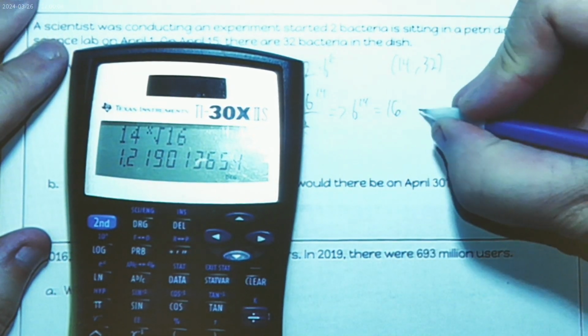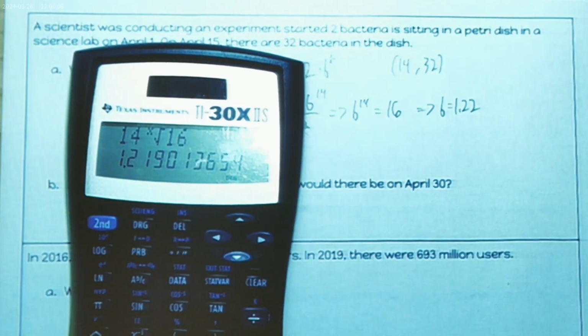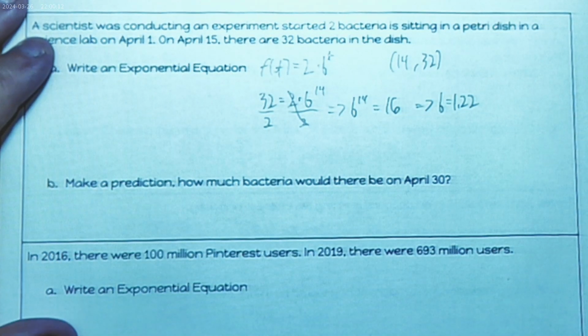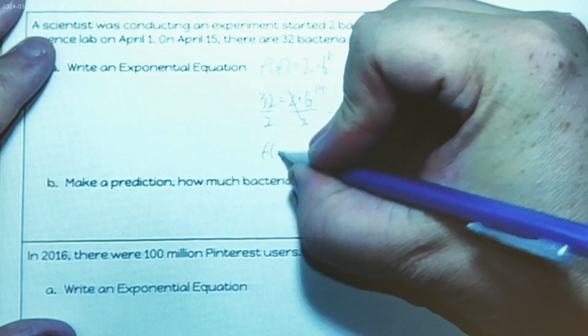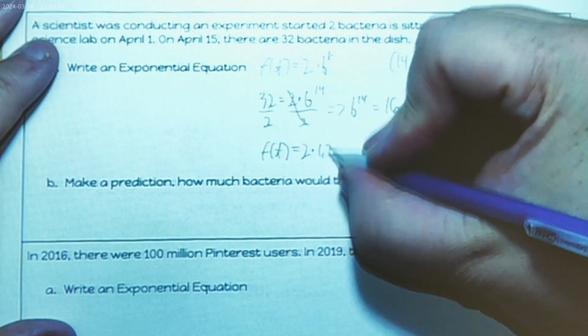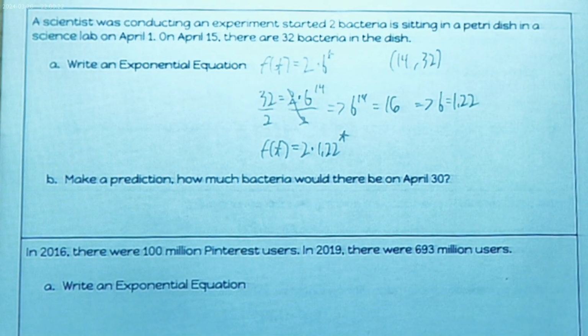All right, so B equals 1.22. Alrighty, we're in good shape there. That means we can write our exponential equation so that f of t equals 2 times 1.22 to the t power. And everything is written in reference to days.